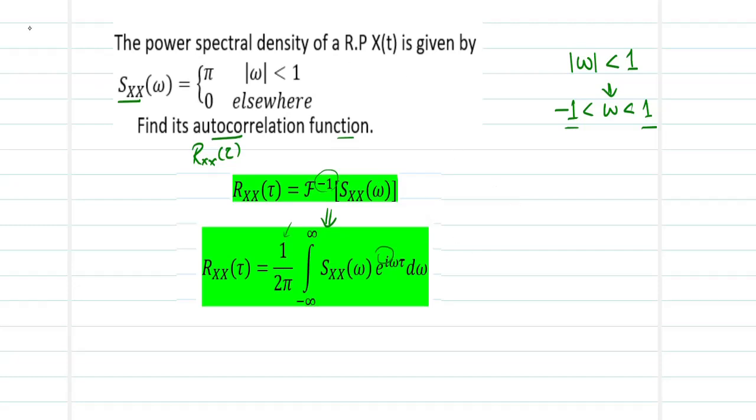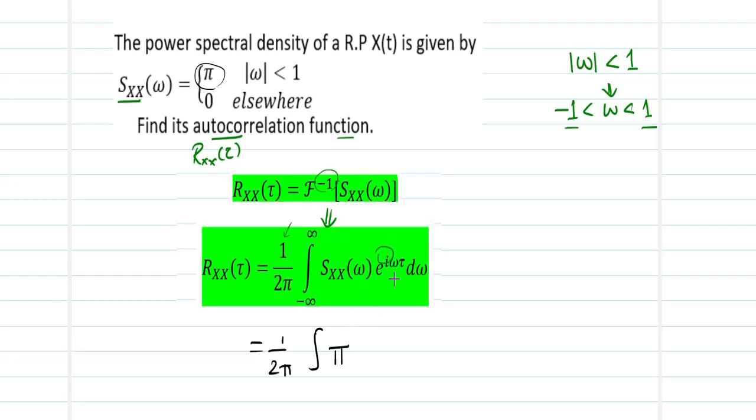The problem now becomes equal to 1 divided by 2 pi, integral over the limit, where Sxx of omega is my input. The input function is going to be equal to pi, which is a constant. Only if your input is an exponential will you have to keep it as an exponential.